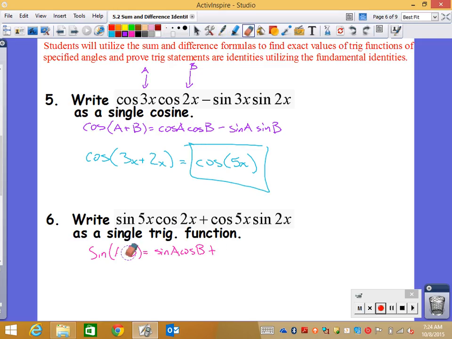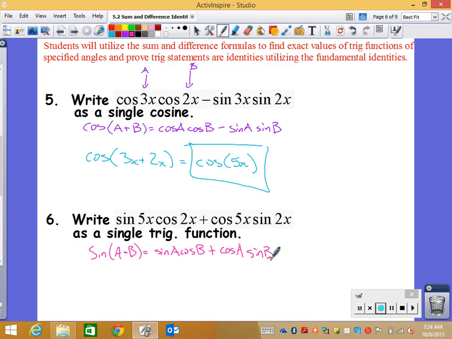This should be the sine difference, my apologies. The sine difference identity is sine A cosine B plus their opposites, cosine A sine B, at the very end there.